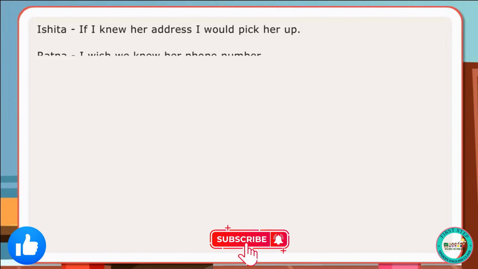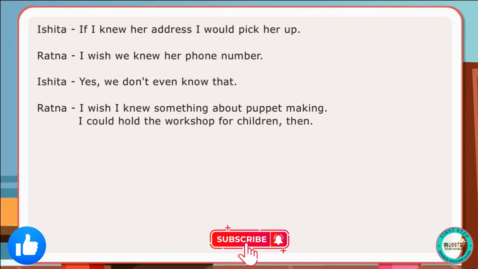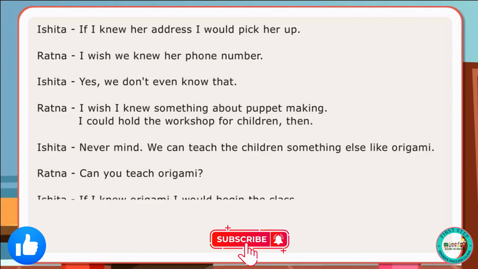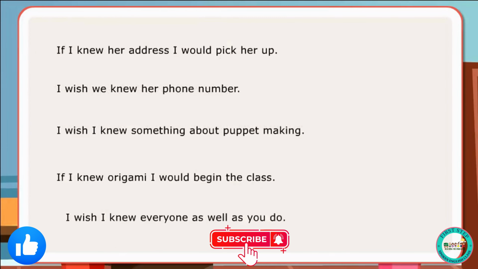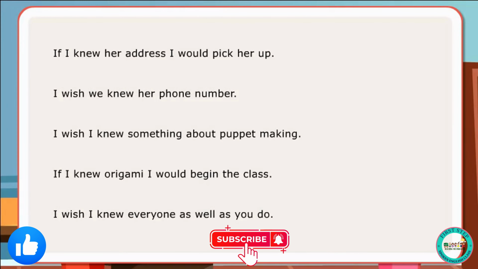In the dialogues, the girls have used if I knew and I wish I knew to express certain present imaginary conditions and their imaginary result, and also their wish along with the sense of regret at the wish not being fulfilled. Here are examples of sentences with if I knew and I wish I knew.